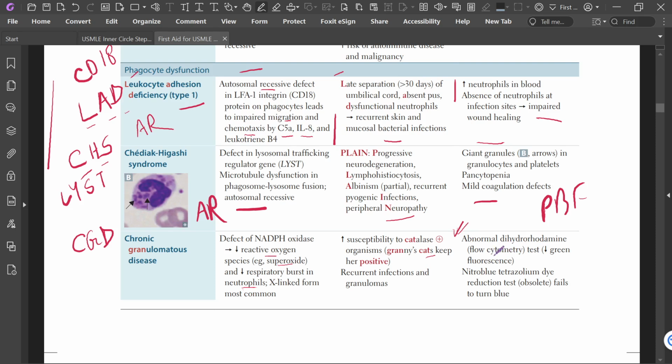There is reduced or absent fluorescence in CGD.